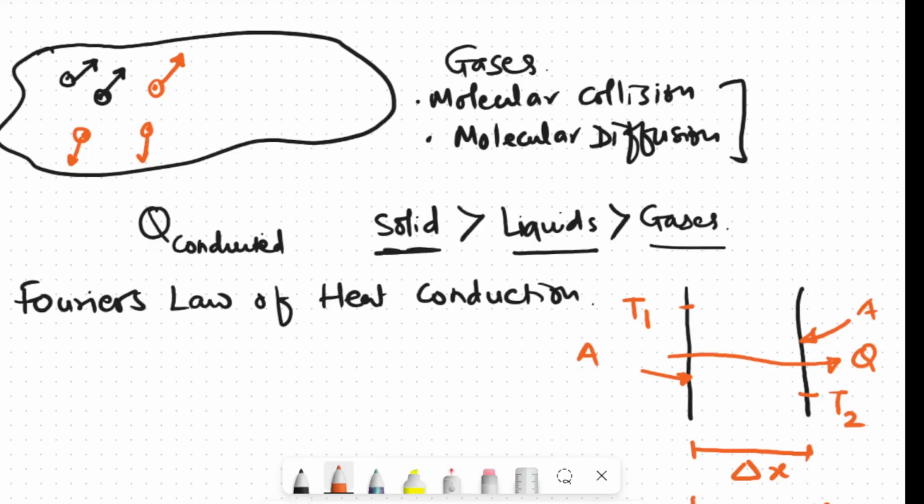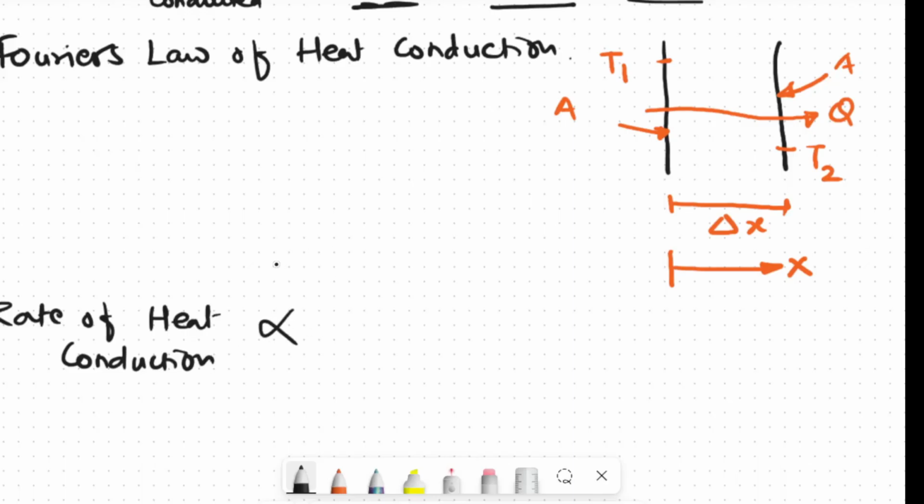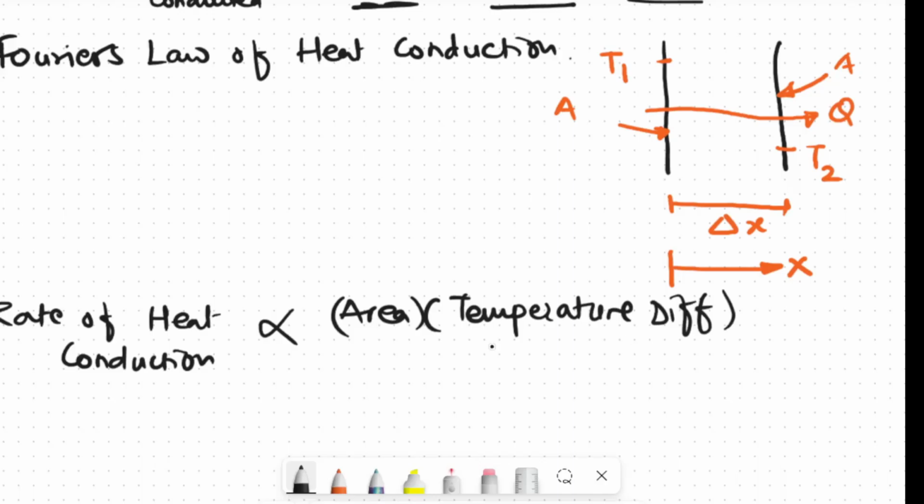So what Fourier's law of heat conduction tells us is that the rate of heat conduction is proportional to the area, which should be perpendicular to the direction of heat flow, times the temperature difference divided by the thickness.